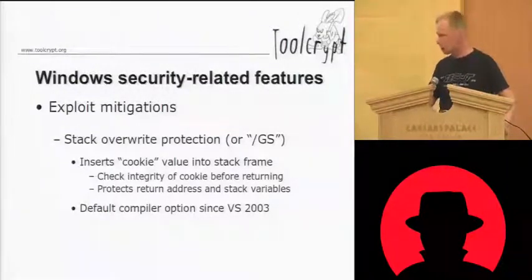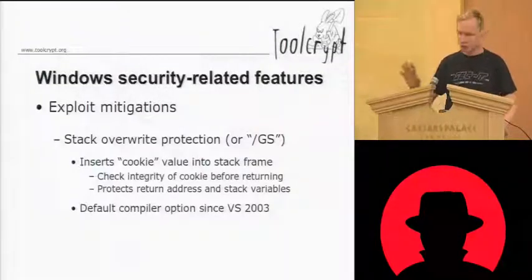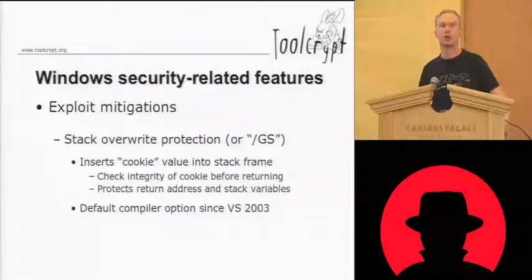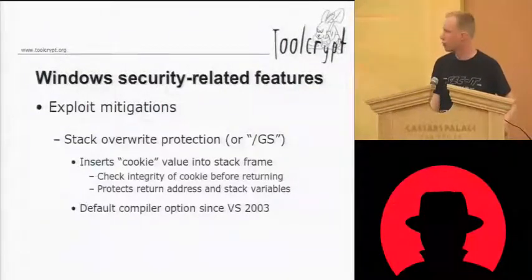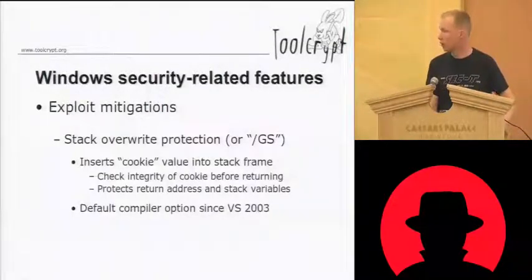And it basically works by pushing in a cookie value in each stack frame and making sure that when you return from a function, this cookie value is intact, that it hasn't been overwritten by, for example, a stack buffer overflow. So it protects the return address from a standard stack buffer overflow vulnerability. And it also protects overwriting stack variables. So if you've got a memory pointer on the stack, for example, that could be manipulated by a buffer overrun, that could be protected as well.